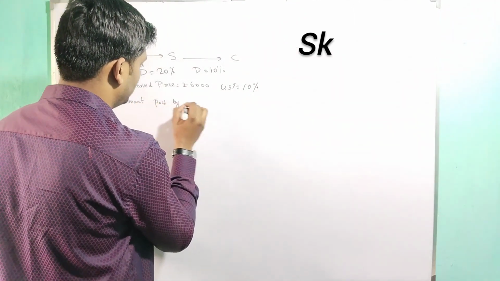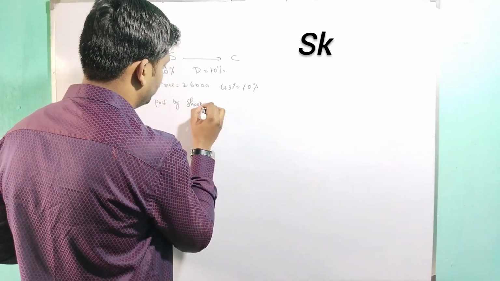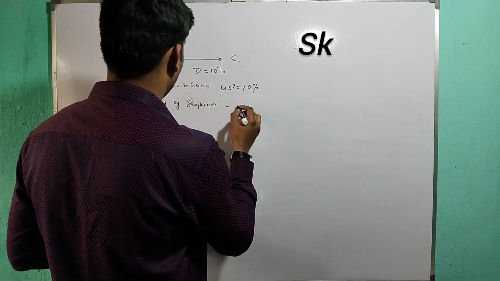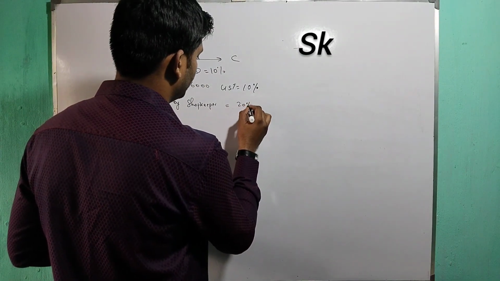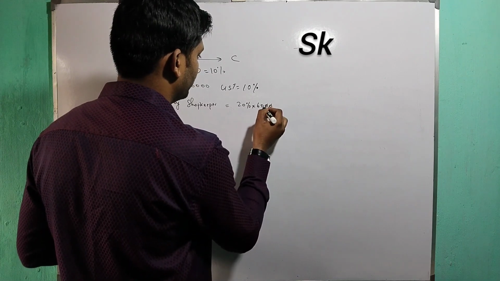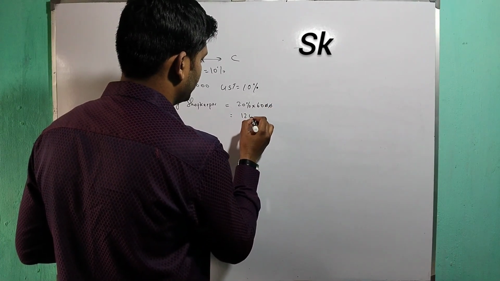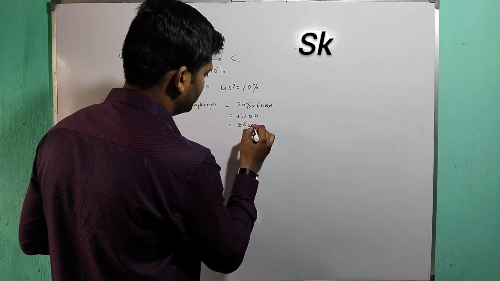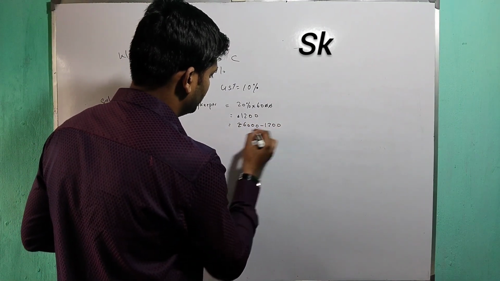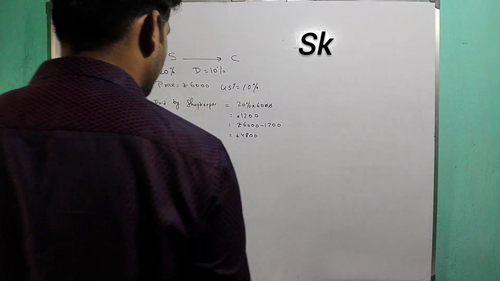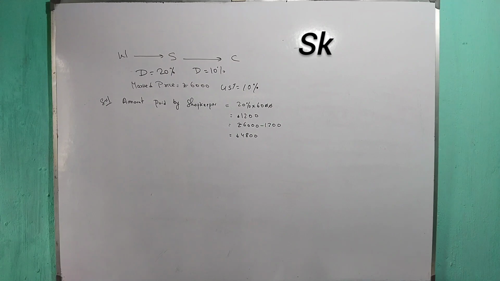How much? 20% off. So 20% of 6,000 is 20 by 100, zeros cancel, so 60 times 20, 1200. This was the discount. So 6,000 minus 1,200 is 4,800, the price which the shopkeeper has paid to get the goods excluding tax.